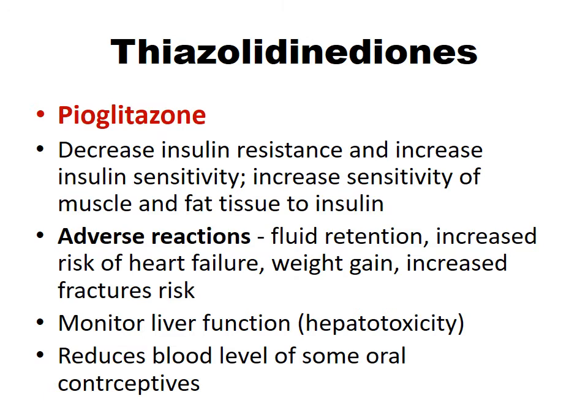Thiazolidinediones, such as pioglitazone. They decrease the insulin resistance and increase the insulin sensitivity in the muscle and fat tissue. Adverse reactions: fluid retention, increased risk of heart failure, weight gain, and increased fracture risk.